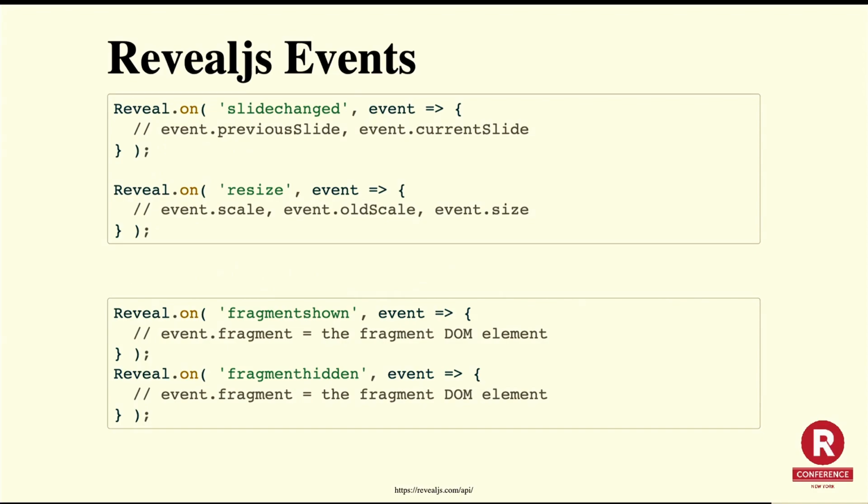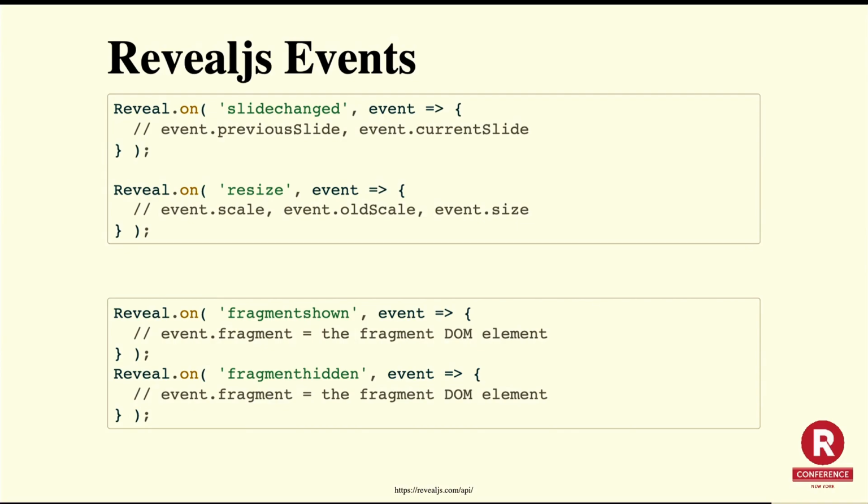What it has is these event listeners. The code inside the first one, the one that says slide changed, is run every time a slide is changed. Or you can run some arbitrary JavaScript code every time the window is resized.